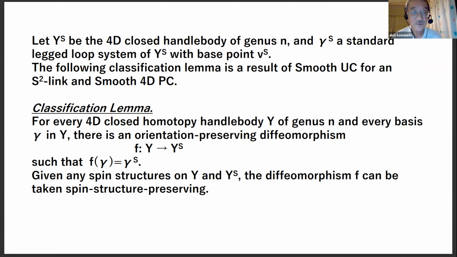The following classification lemma is a result of the smooth unknotting conjecture for an S2 link and the smooth 4-dimensional Poincaré conjecture. Classification lemma: for every 4-dimensional closed homotopy handlebody Y of genus N and every basis gamma in Y, there is an orientation preserving diffeomorphism F from Y to YS such that F gamma equals gamma S. Even for any spin structures on Y and YS, the diffeomorphism F can be taken spin structure preserving.